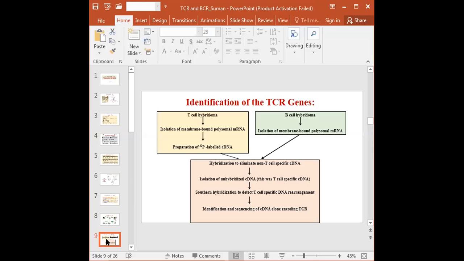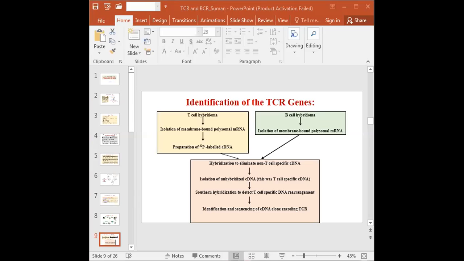Thus, by isolating only the membrane-bound polysomal mRNA from the T cell hybridoma, they enriched their sample for mRNA encoding TCR, and then they prepared phosphorus-32 labeled cDNA, complementary DNA, from the enriched mRNA. The enrichment was an important step, as it reduced the number of cDNA clones to be screened.